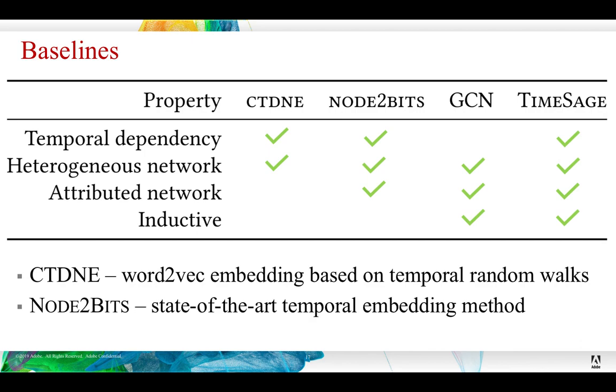And node2bits is another embedding approach which extends the capability of CTDNE to incorporate node attributes. This is currently, to the best of my knowledge, the state of the art temporal embedding method that we have.